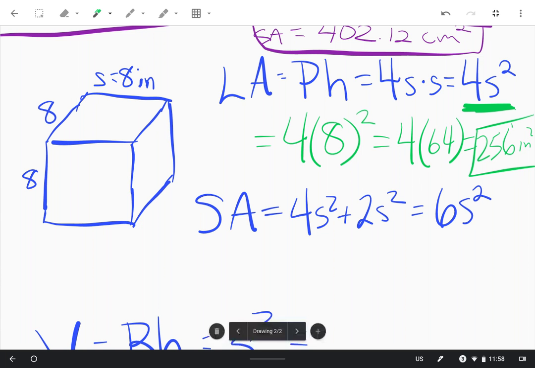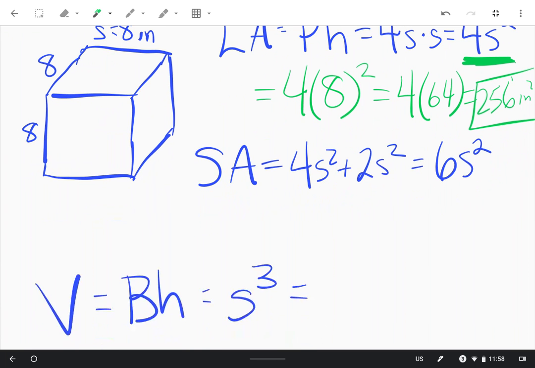And again, I'll put these formulas. I just want you to see it worked out. So 4s squared is the lateral area. The surface area is that number, 256, plus 2s squared. Or it could just be 6s squared. So 6 times 8 squared, 6 times 64.